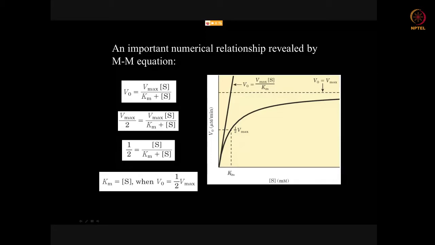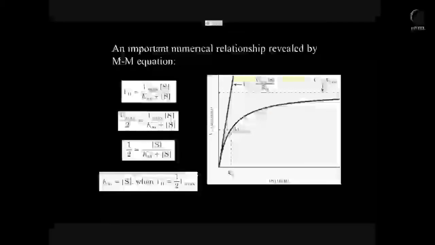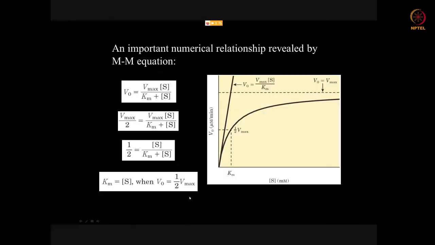So Km has units of concentration, molarity. This is an important relationship revealed by Michaelis-Menten. When people ask you what is Km, you should be able to tell this: Km equals substrate concentration when V0 equals half Vmax. This is an important relationship, and it also helps us to calculate Km very readily.